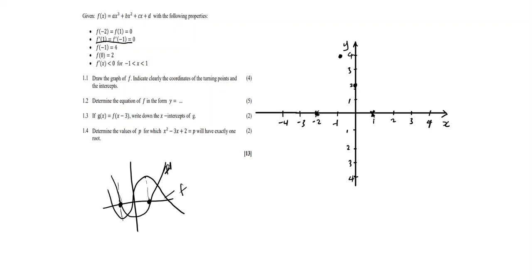So we are having x coordinate of the turning point in 2 points. We are having one at -1, but they said to us that -1 goes with 4. They also said that f prime at 1 is 0. And they also said f at 1 is 0.